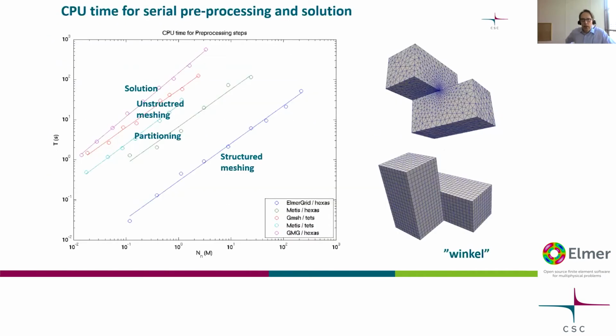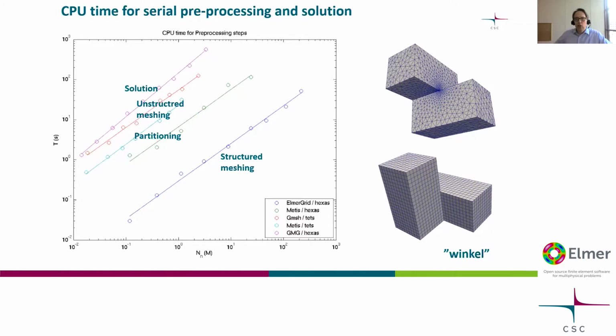So here I have done, quite long ago, some comparisons between different implementations of algorithms in different codes. This has included GMesh, Elmer grid, and Elmer simulations, and all these have been almost linearly scaling. But you can see that the structured meshing, which is straightforward, takes very little time. Partitioning takes a little bit more time.